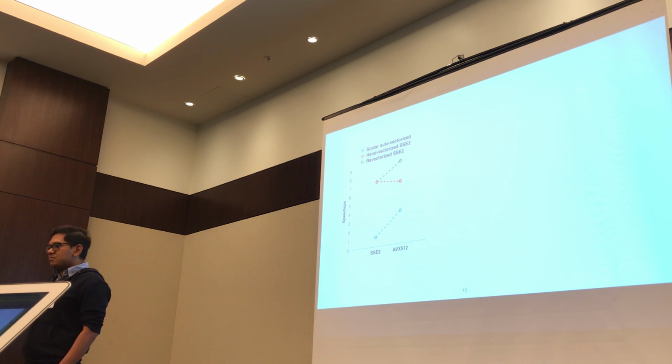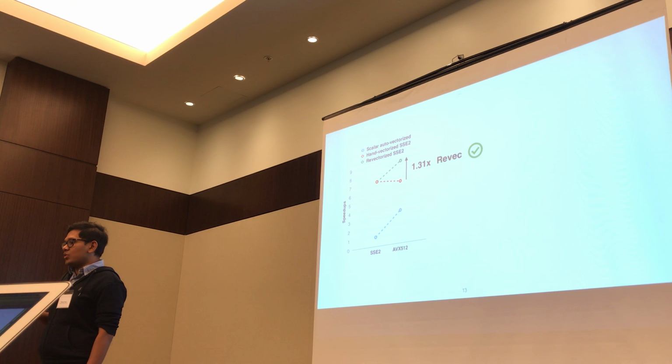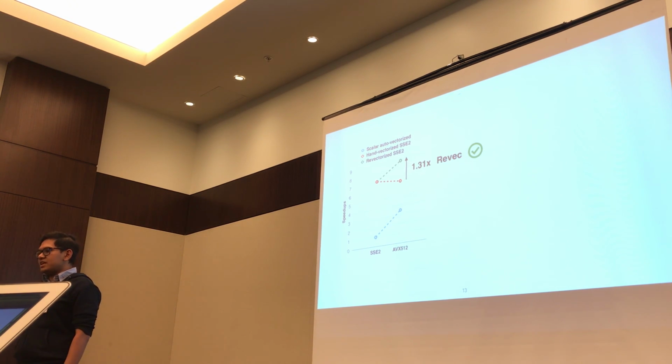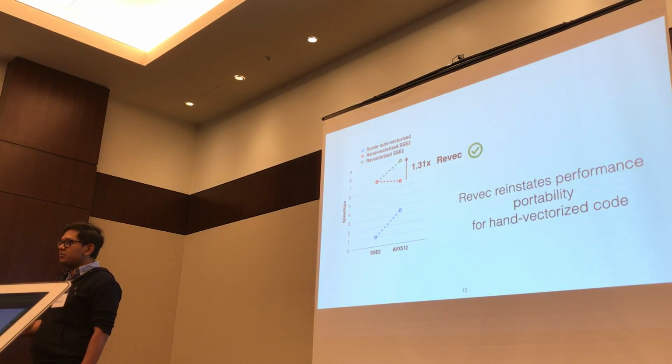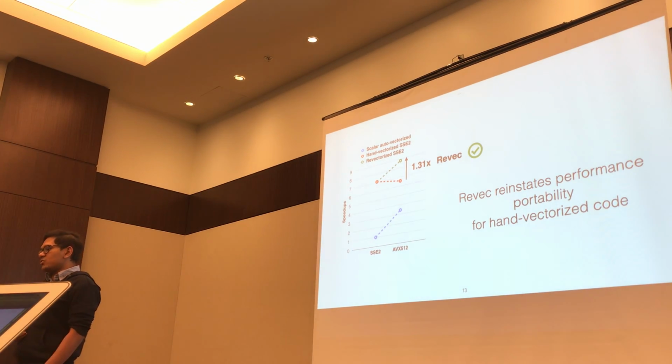By doing that, now the hand vectorized code, if we pass it through our revectorization pass, instead of degrading performance, gains a 1.3x performance increase. So essentially, what I have shown here is that Revec reinstates performance portability back into hand vectorized code.